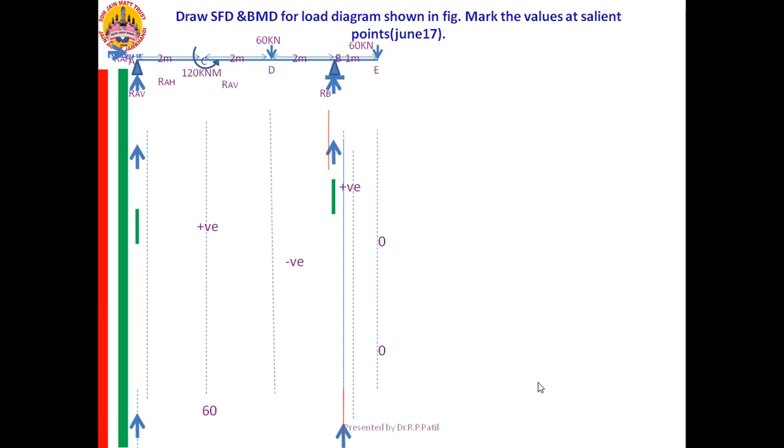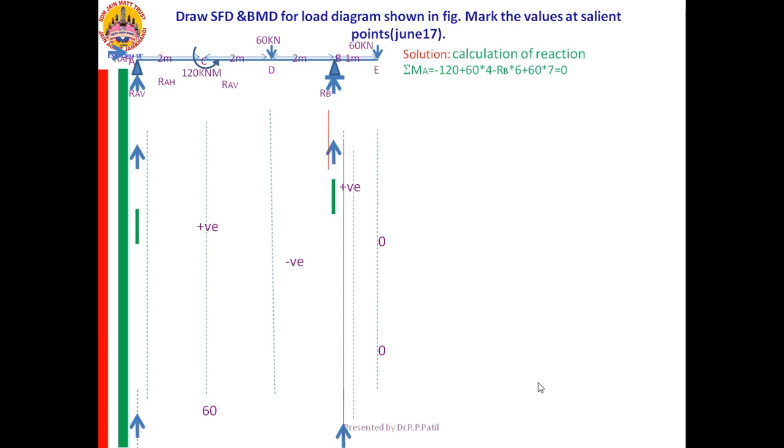Yes, first we shall calculate the reactions. Taking moment about A. Friends, you may know a couple is independent of its location. Its value is always constant as far as moment is considered.